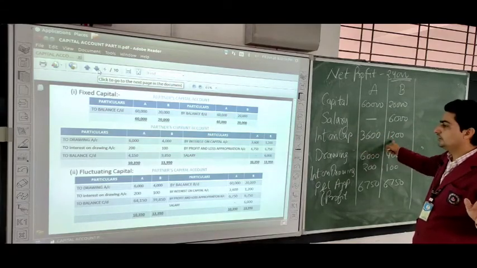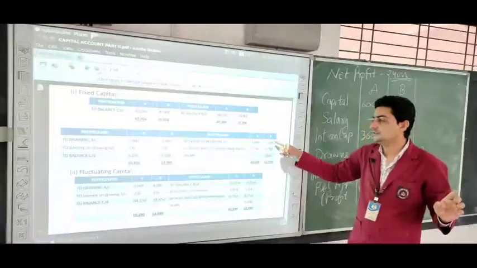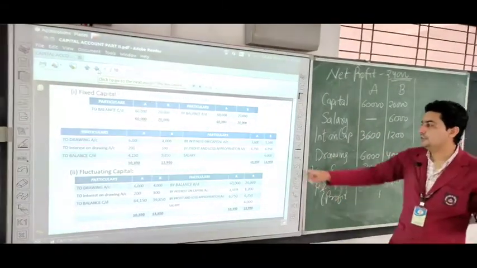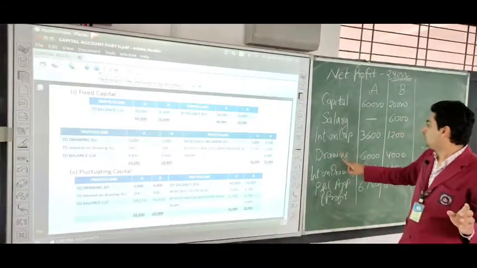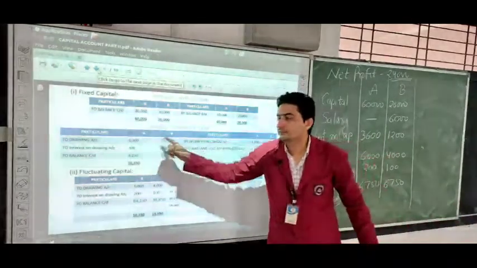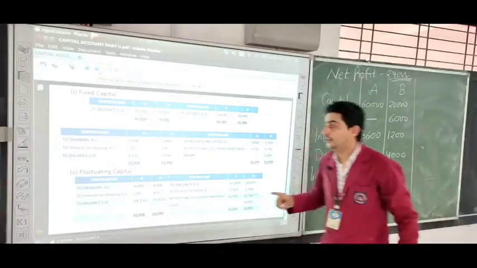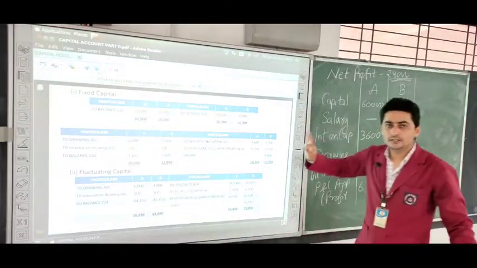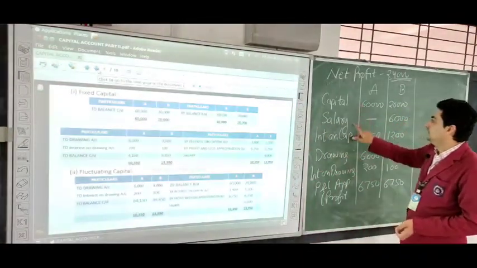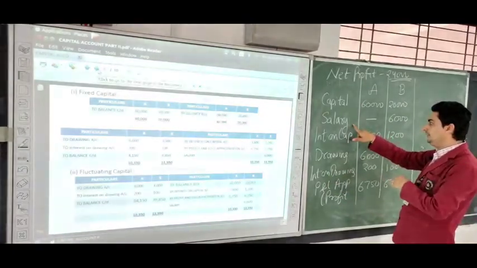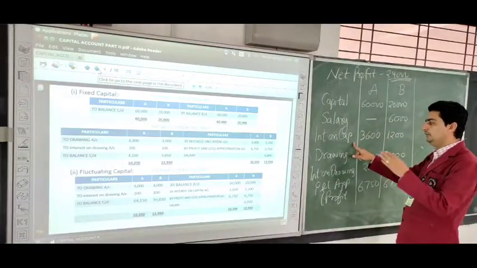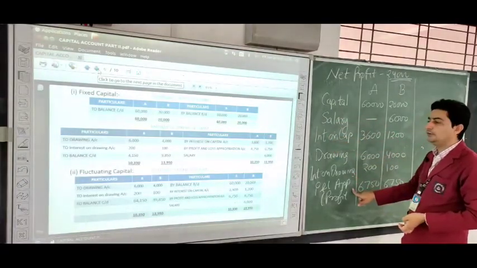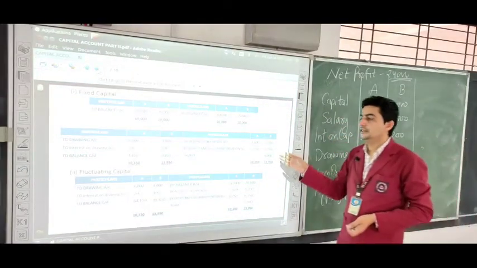Interest on capital 3,600 and 1,200, and profit of the appropriation account 6,750. Drawing 6,400 will be debited, interest on drawing 200 and 100 will be debited. Okay students, so it is very simple. Salary credited, only B is getting it, interest on capital will be credited, drawing will be debited, interest on drawing will be debited, and profit from the profit and loss appropriation account will be credited.